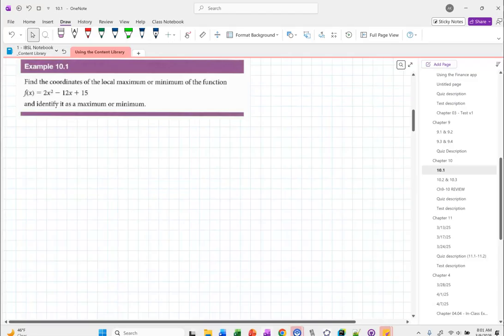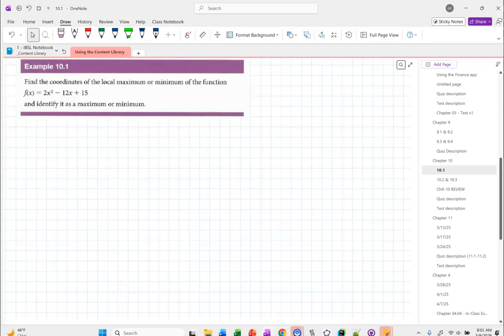All right. Let's do some examples. So it says find the coordinates of the local maximum or minimum of the function, and then identify them as maximum or minimum. Actually, we'll do this both ways.